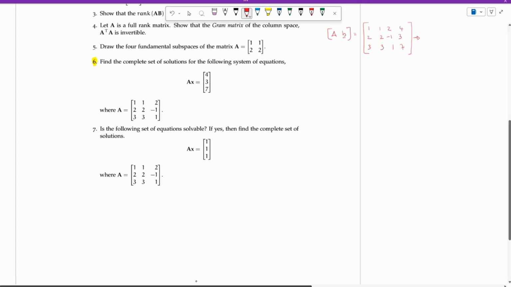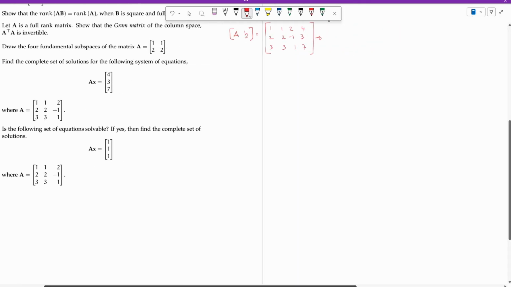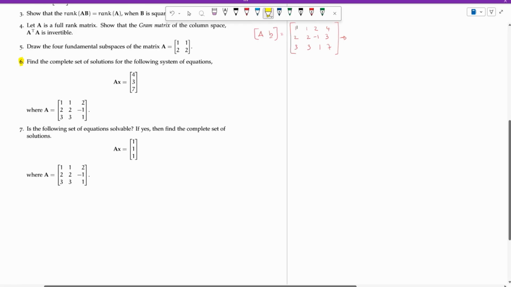Well, Gaussian elimination steps. We have a non-zero pivot, so we try and make everything below that 0. So if we do that, what do you get? So your first row remains the same. This will be 0. Minus 5 is it?